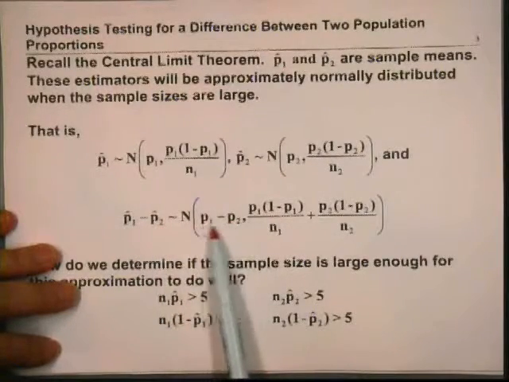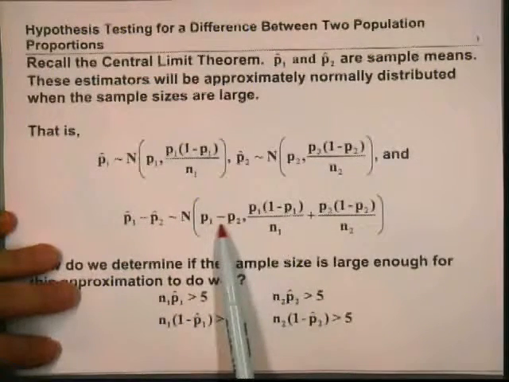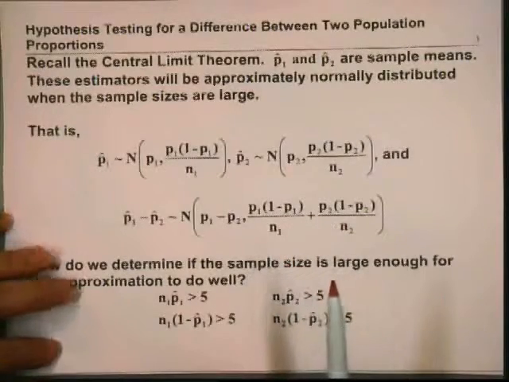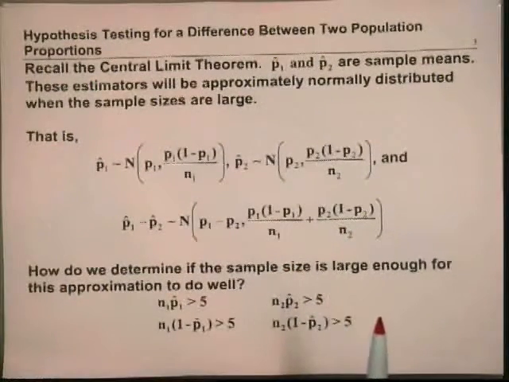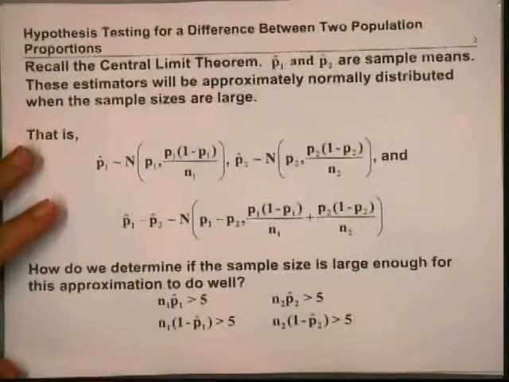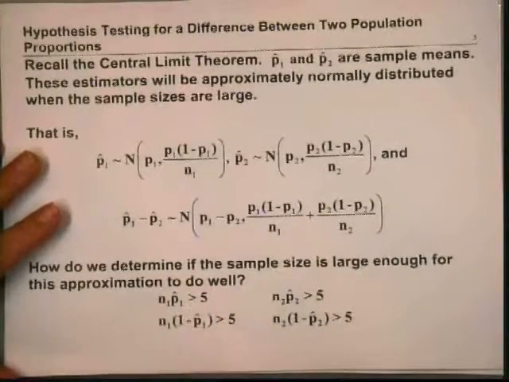It's estimating P1 minus P2, so P1 hat minus P2 hat has a mean of P1 minus P2, and we just looked at the variance expression on the previous page. The approximation is good if the large sample size condition is met, and right now I'm not recalling if I wrote those as strictly greater than or equal to 5 in the one sample case.